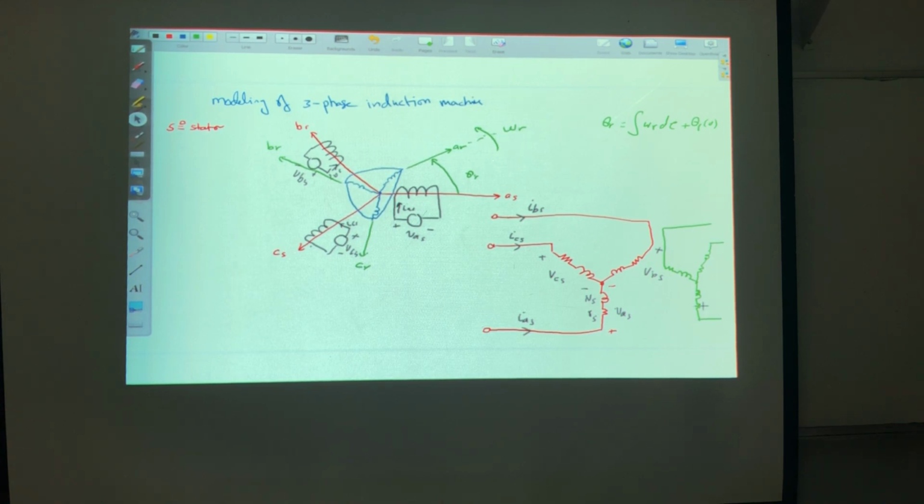So this will be the RR, this will be the NR, and the same thing, let's assume that this is the IAR, this is the IBR, and this is the ICR. So this will be plus and minus VAR, this will be the plus, the minus VBR, and finally the plus and the minus of VCR.